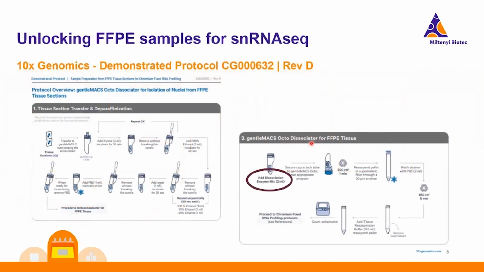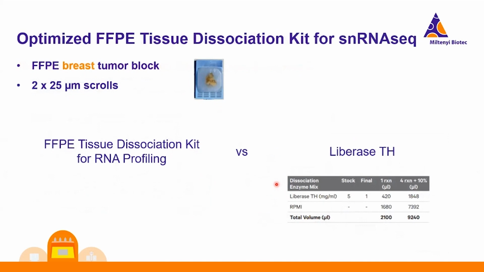So having a look at the demonstrated protocol revision D by 10x, as I've mentioned, we have this deparaffination and rehydration process in the C tube, and then you're adding the dissociation mix and performing the dissociation on the GentleMACS Octo. And this dissociation mix in the demonstrated protocol is Liberase TH.